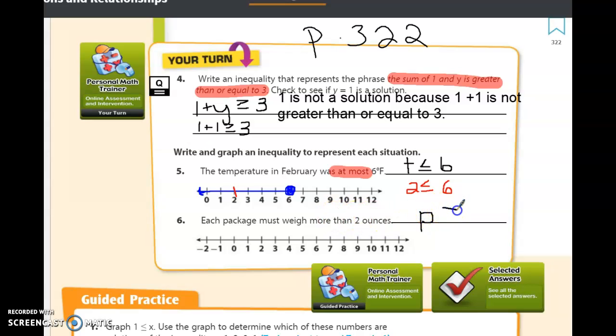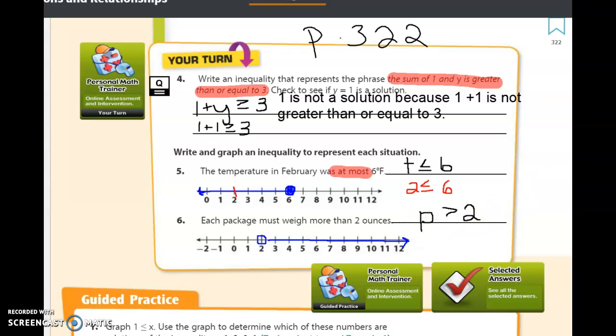That means the package has to be bigger than 2. I'm going to graph it on here. Can the package be 2 ounces? Nope, it can't. So I cannot do a filled in circle. I do an open circle. It can't be 2, but it can be any of these numbers over here that are bigger than 2.